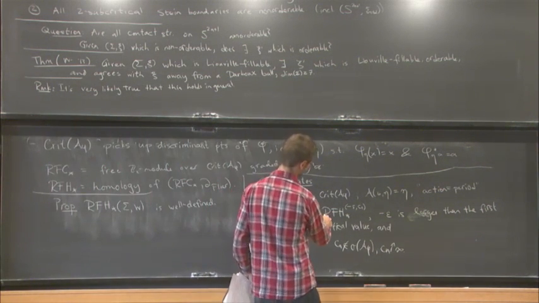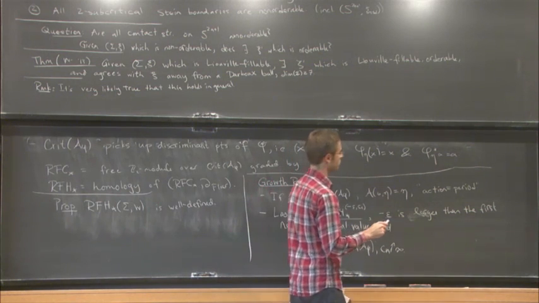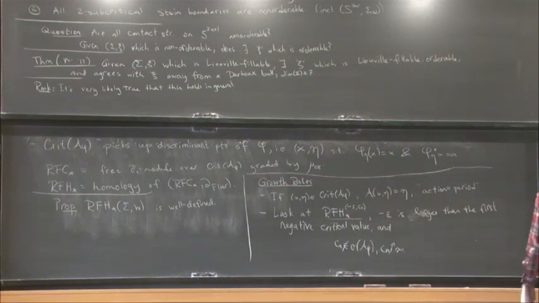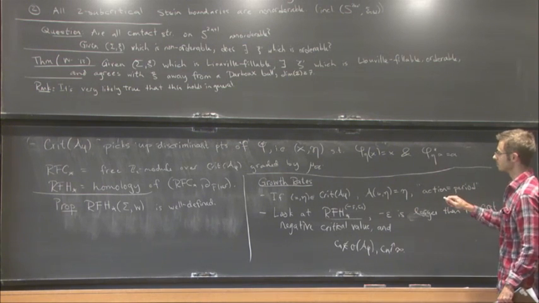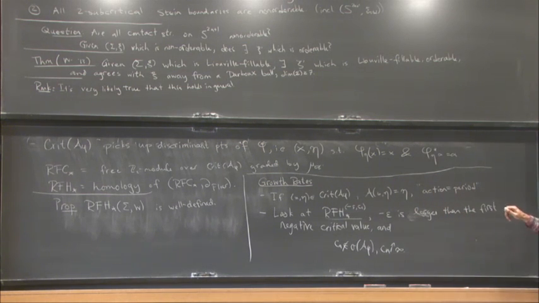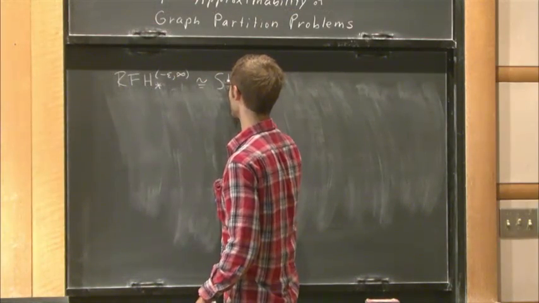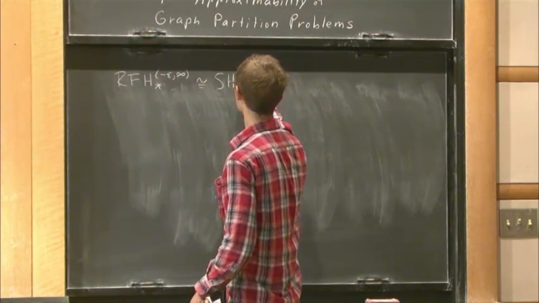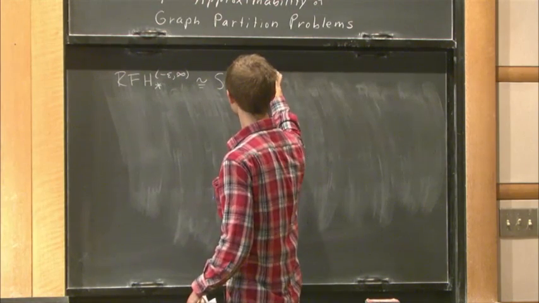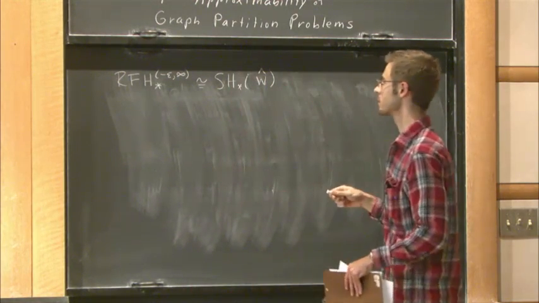So yes, I'm killing all of the critical points with negative action values, and it's probably overkill in any sense. But the reason is that RFH star from negative epsilon to infinity is isomorphic to the symplectic homology of W hat.